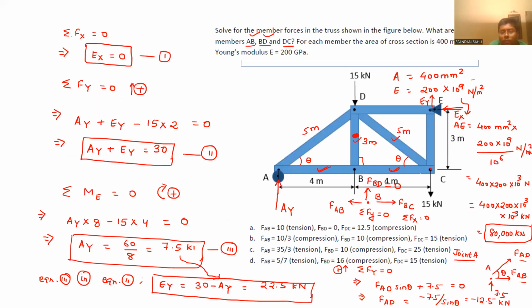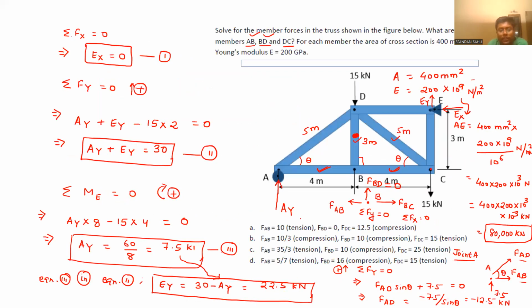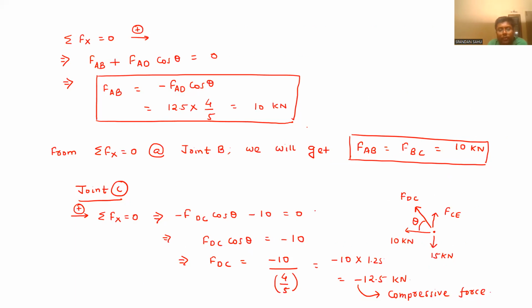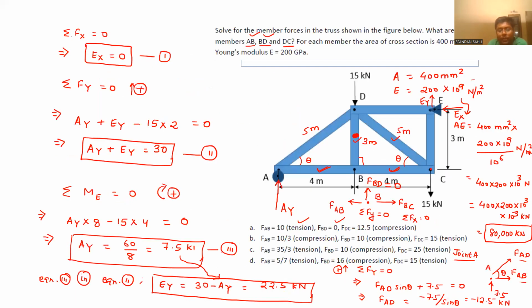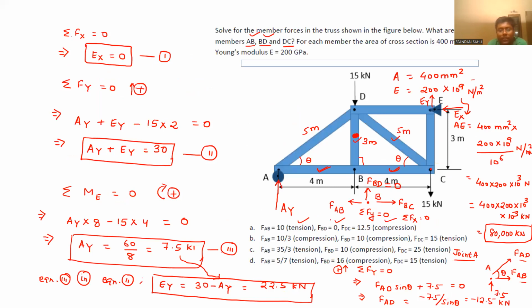Now we got our desired member forces. That is FAB we got 10 kilonewton tension, FBD is a 0 force member, and FDC is minus 12.5 kilonewton compression.